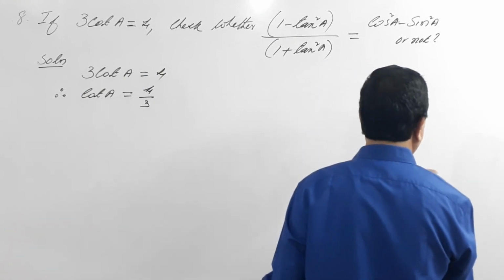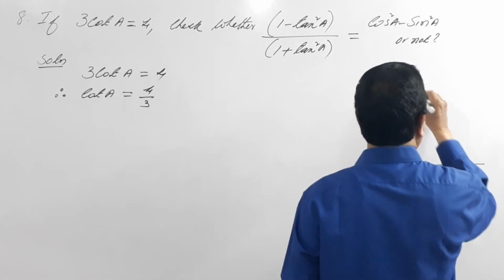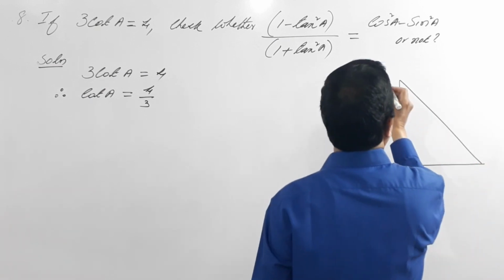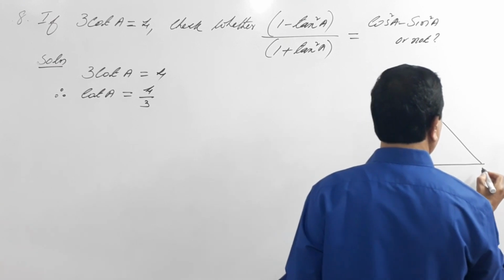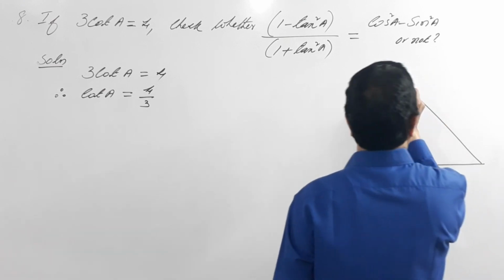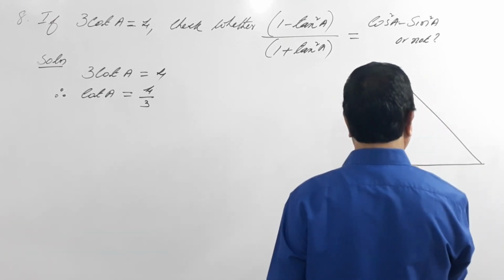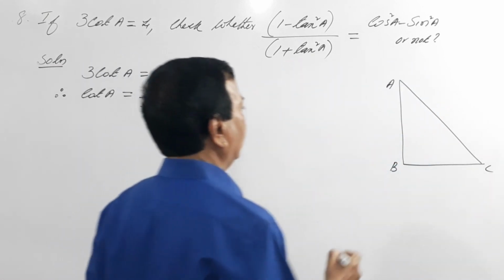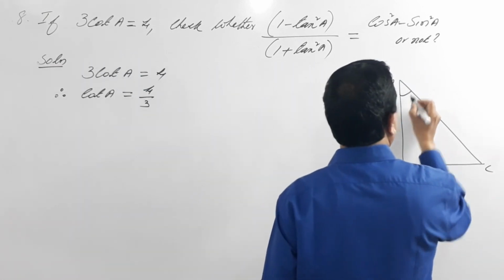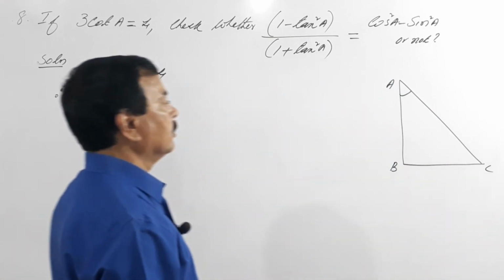right angle triangle. I call this A, B and C. So cot A. I will make this angle A. So what is cot?